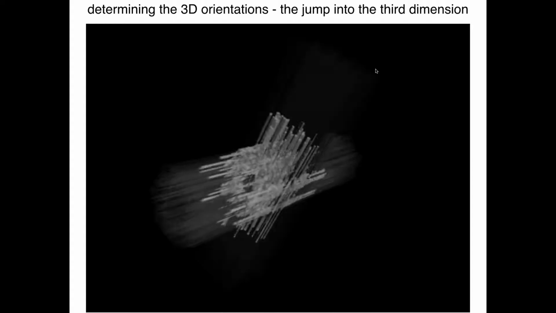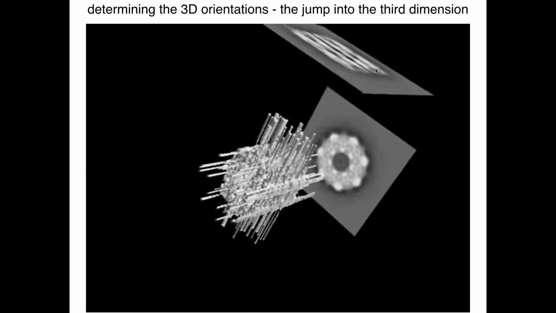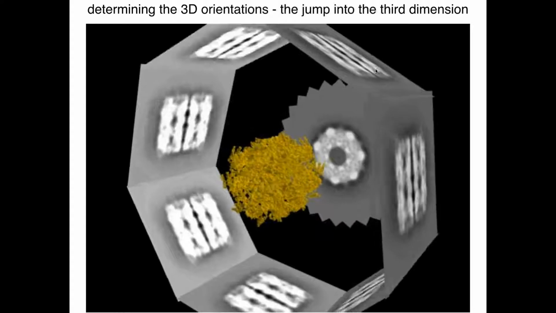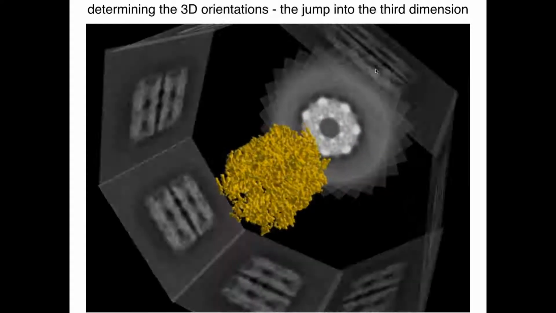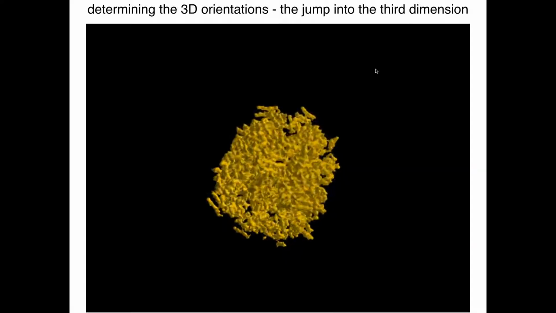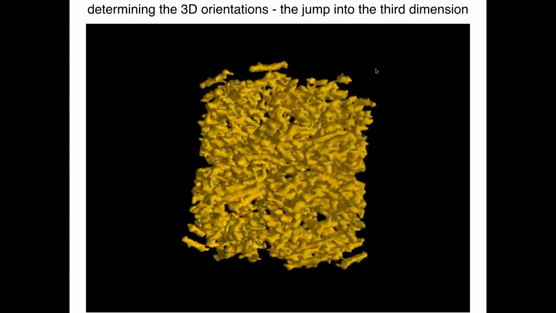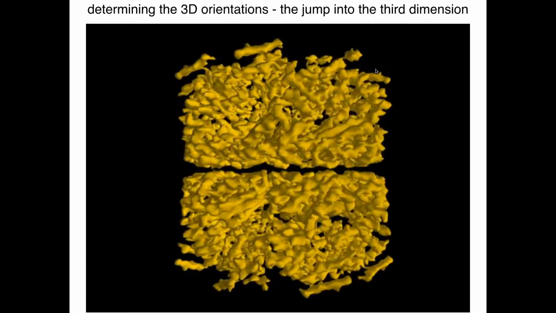But once we've locked down those orientations, then we can back project those images into 3D space to form a 3D reconstruction. Okay, and as we add more and more images into the data set, that 3D reconstruction becomes better and better resolved.